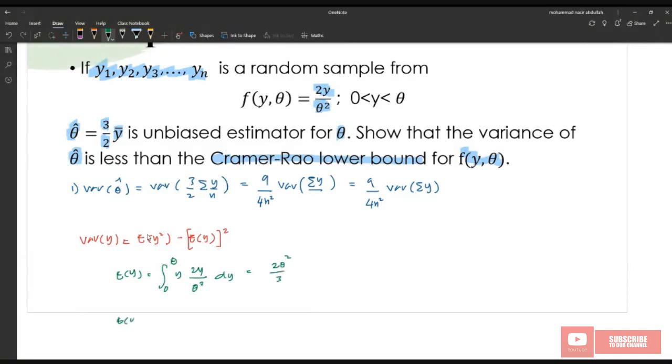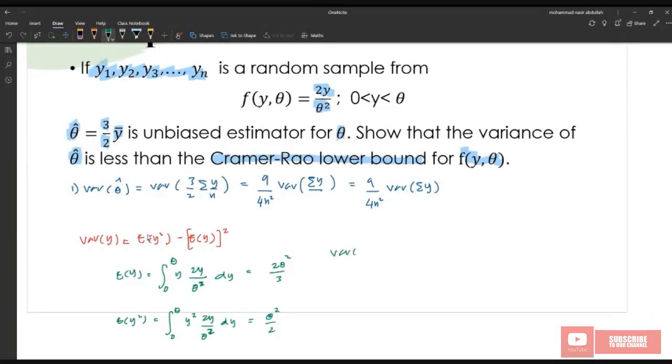And the expected value of y squared is equal to the integration from 0 to theta of y squared times 2y over theta squared with respect to y, and this one should be equal to theta squared over 2.